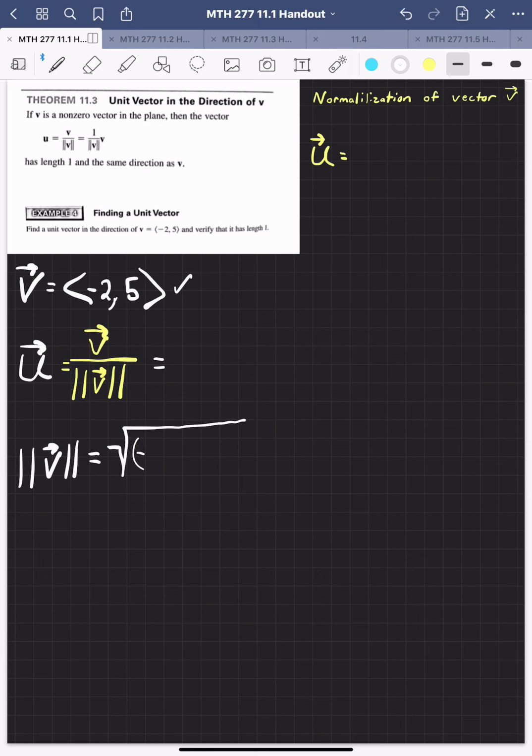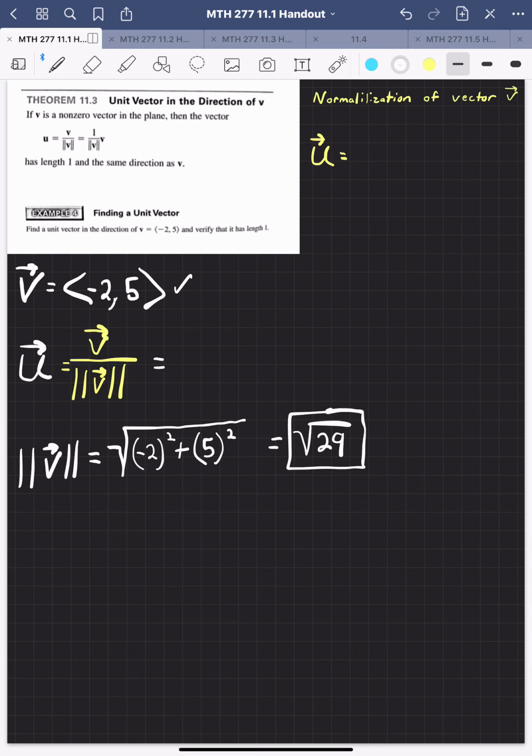So we have (-2) squared plus 5 squared. What is that? We get 4 plus 25, so we end up with the square root of 29.